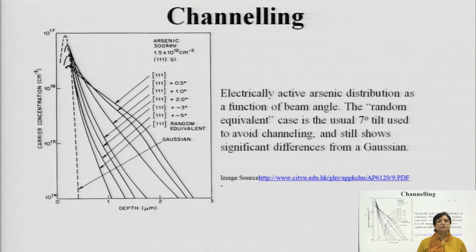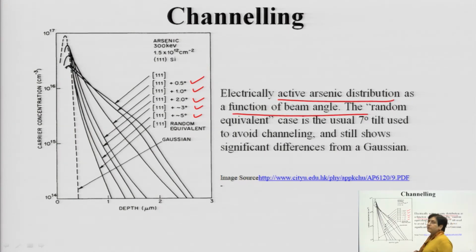This is shown in the next graph, for every tilt modification: 0.5 degree, 1 degree, 2 degree, 3 degree, 5 degree. It shows the electrically active arsenic distribution as a function of beam angle.